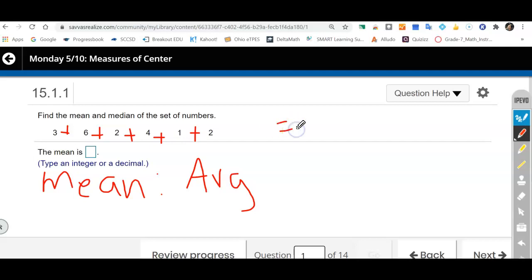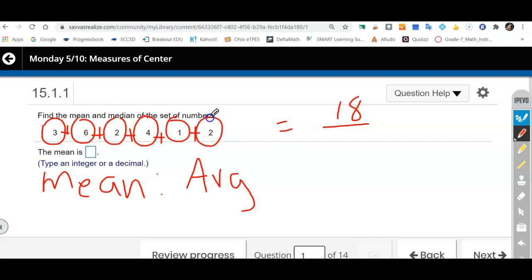Everybody should be adding these up. Amir? 18. So then we divide by however many numbers there are in this data set. How many numbers are there? So I divide by the 6 numbers that are in that data set. 18 divided by 6 is 3. So my average number is 3.